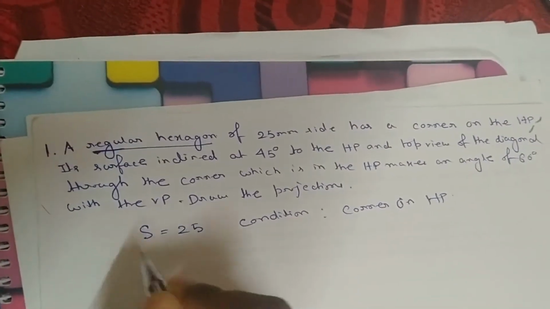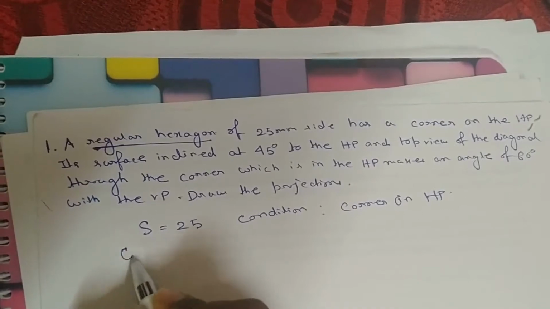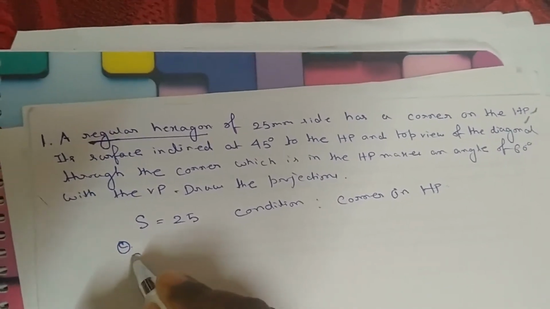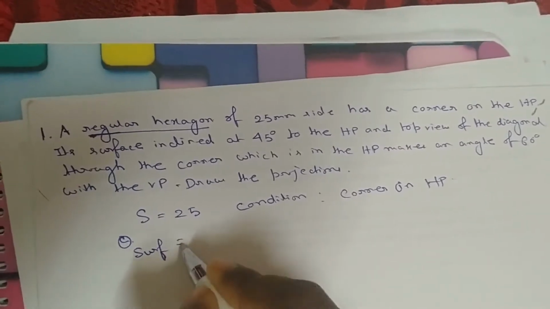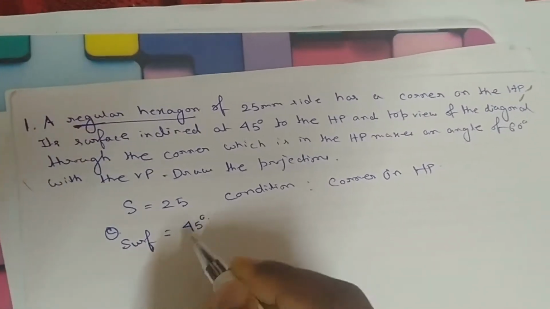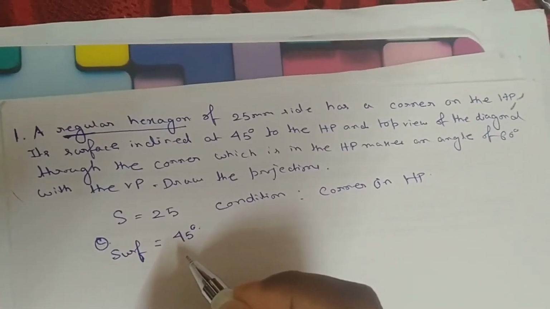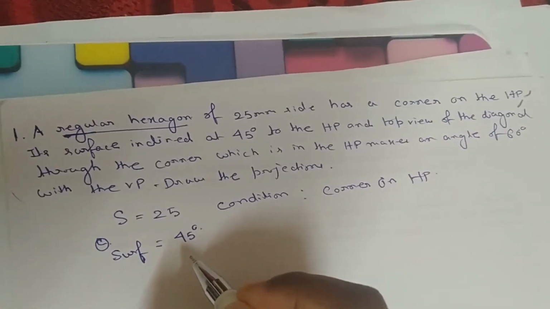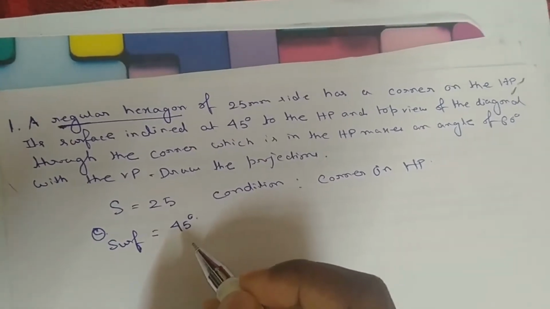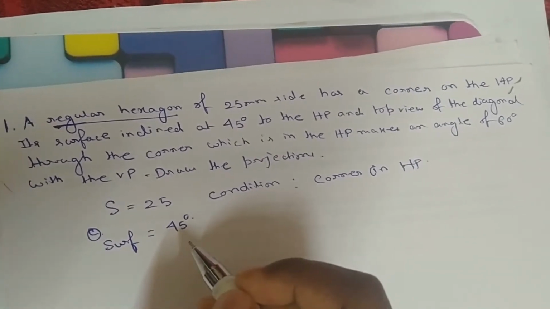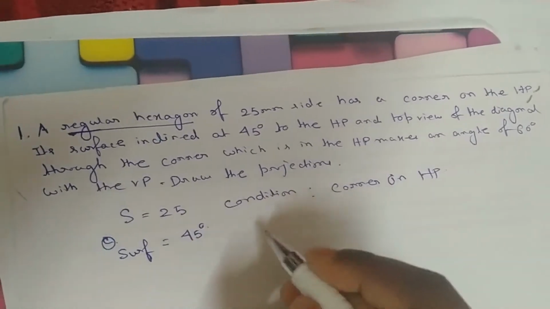So we know inclination angle with HP means theta, and the surface is inclined 45 degrees. Then the top view of the diagonal through the corner which is in the HP makes an angle of 60 degrees with VP.